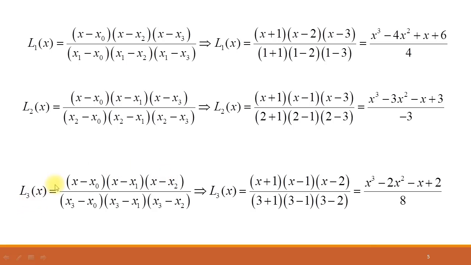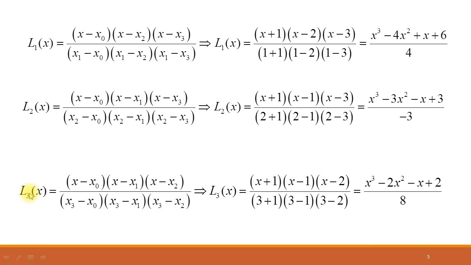For L3, do not write x3 in the numerator and subtract all other remaining x values given in the table from this x. So x minus x0, x minus x1 and x minus x2. And now subtract x0, x1 and x2 from the x3 in the denominator: x3 minus x0 into x3 minus x1 into x3 minus x2.